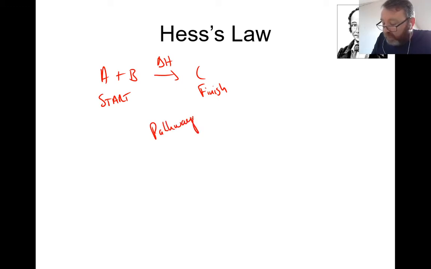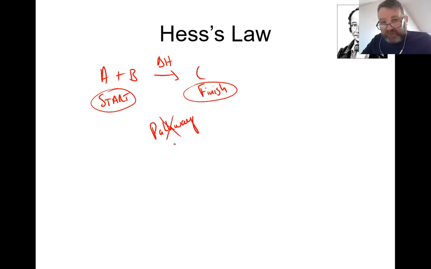So in other words, what does that arrow stand for? Well, we don't care. In Hess's law, it doesn't matter. Hess says that the heat change for a given chemical reaction only depends on the initial and the final states and is completely independent of the pathway followed.